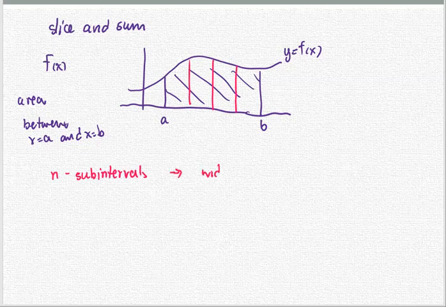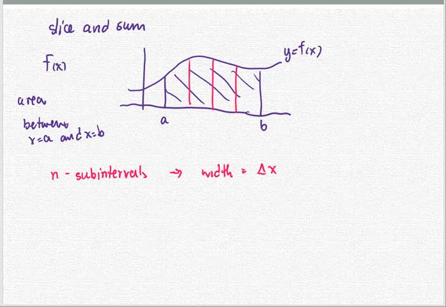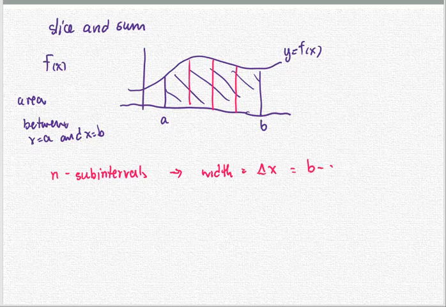So the width of the interval, we use delta x, or the change in x, which is the difference of b and a. That's the entire length here, b minus a, divided by n, the number of subintervals that you want to have. Make it equal subintervals. So this case is called the slice step.